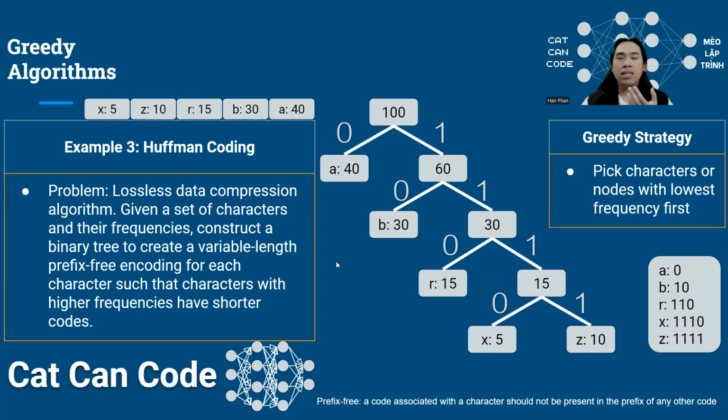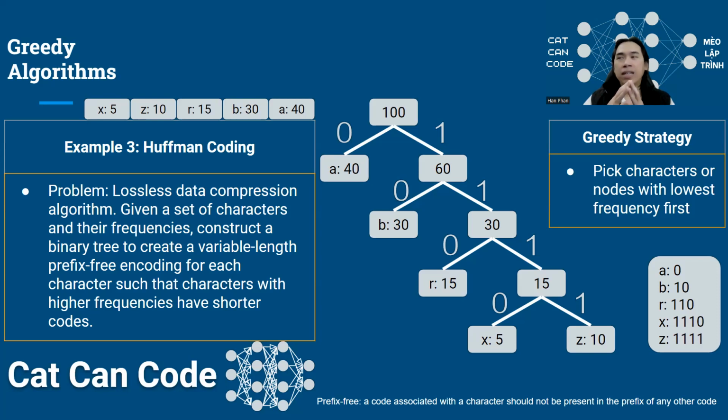And then the next one is letter R. So from the tree, you can construct the code for the letter R: 1, 1, 0. And then letter X and letter Z, we have 1, 1, 1, 0 and 1, 1, 1, 1, as you can see over here. So that's the result of the Huffman coding algorithm. As you can see here, with the greedy strategies, I managed to construct the binary tree to generate the code for each of the characters based on their frequencies.